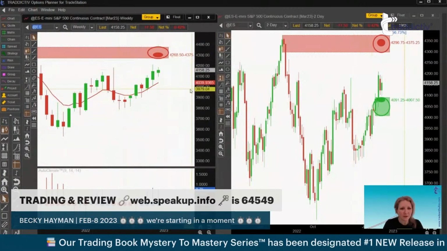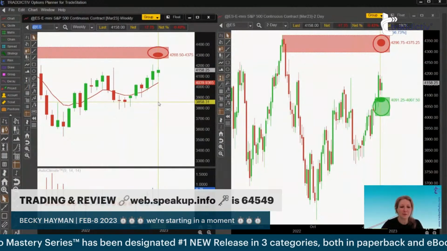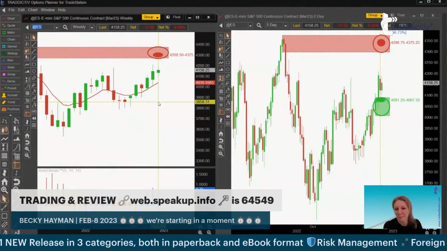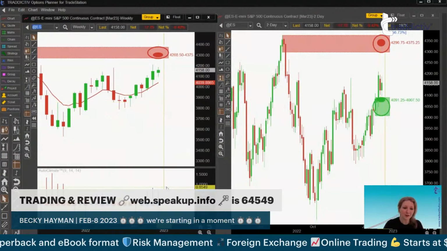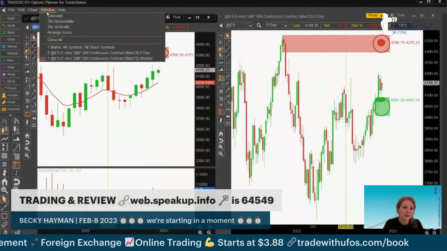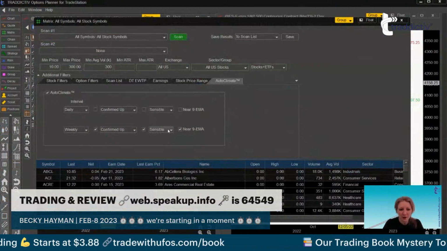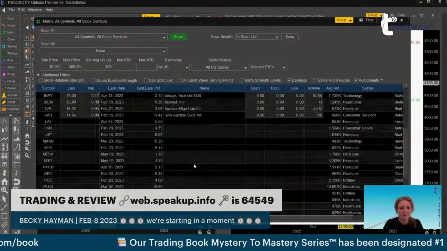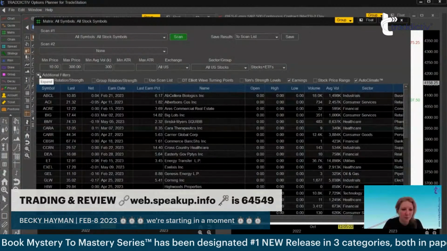The ES is the futures contract that represents the S&P 500, which is basically the top 500 US stocks. It's a representation of what the US stock market is doing. On a weekly chart, we've got a thick blue dot, meaning probability is upwards, meaning I want to look for stocks that also have probability upwards. You can trade stocks that don't have probability upwards, that's fine, but I just want to be aligning ourselves if we can, adding that extra probability.